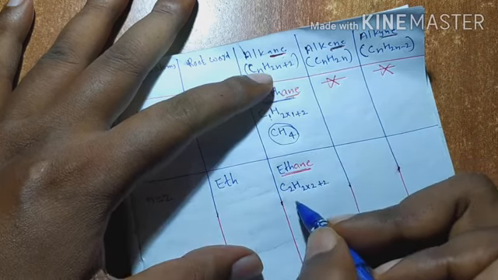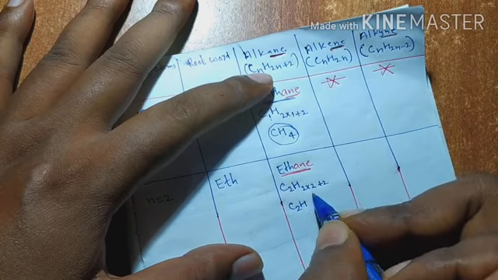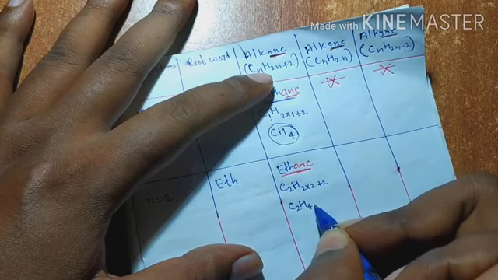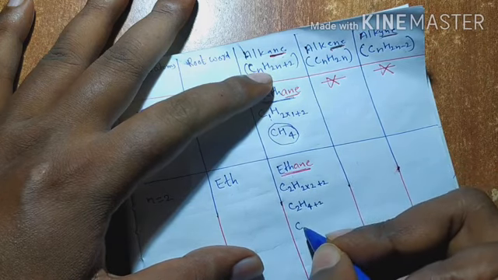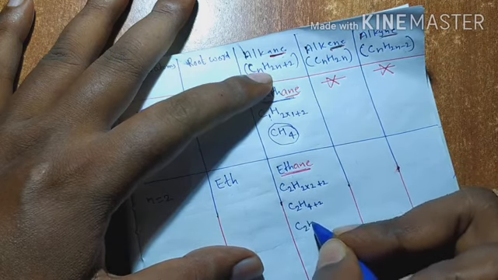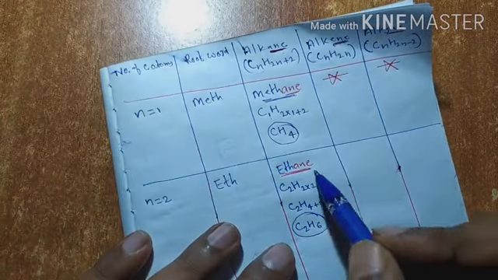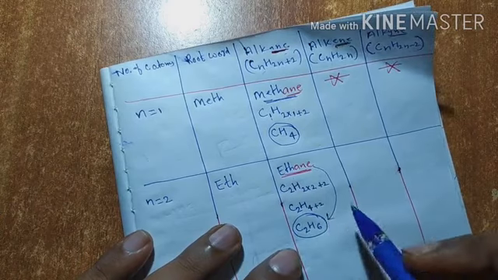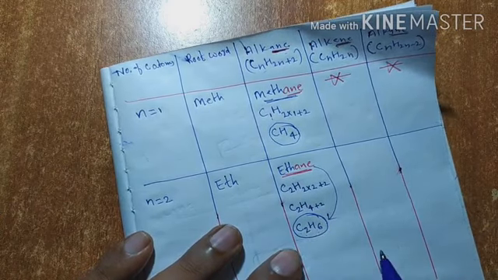So this will be C2, H, 4 plus 2, which is C2H6. It means the molecular formula of ethane will be C2H6. Right?